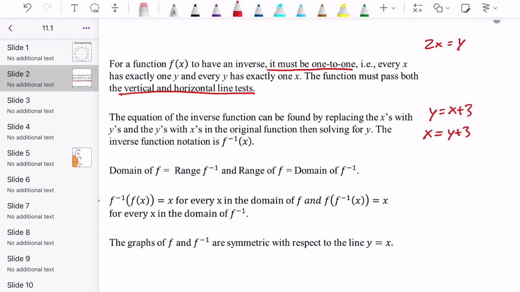So we would move the 3 over to the left-hand side, and we would end up with x minus 3 is equal to y. Now that y is also replaced with its inverse function, which means y to the negative first power is equal to x minus 3. And another way of writing that would be f of negative 1 of x is equal to x minus 3.